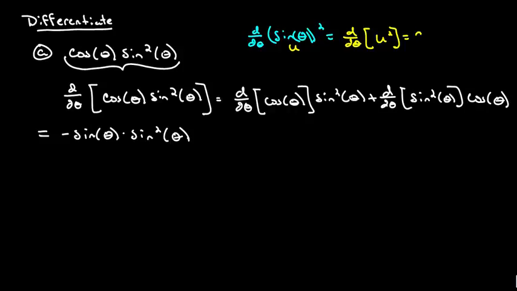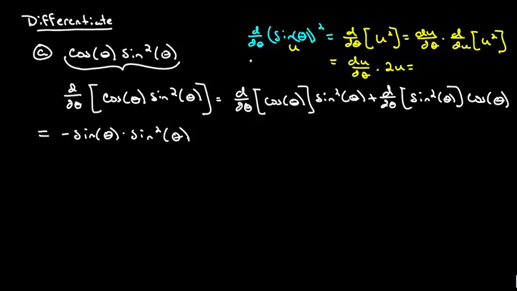So this will be du d theta times d du of u squared. And so this is going to be du d theta times 2u.